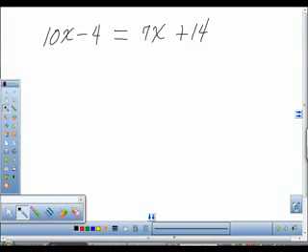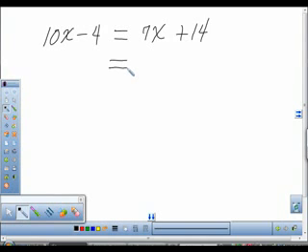The magic questions are: are there any parentheses? No. Any like terms on the left of the equal? No. On the right of the equal? No. What side is the variable on? Both sides. We need the variable all on one side.